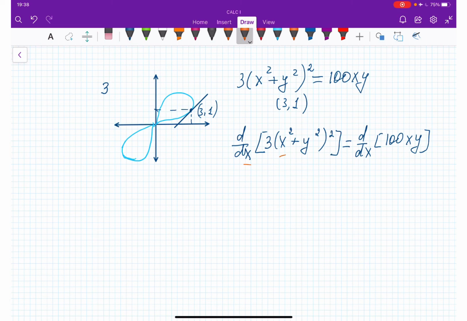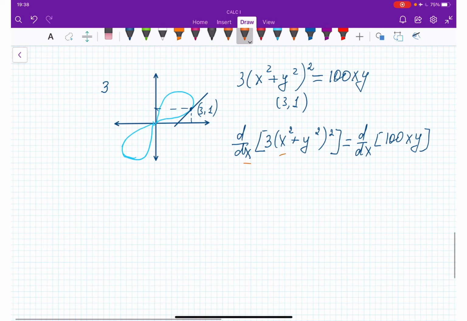So first we have to take the derivative of this outside exponent 2, right? Which is going to be 3 times, this 3 is a constant, comes out, 3 times 2 times x squared plus y squared, the whole piece.